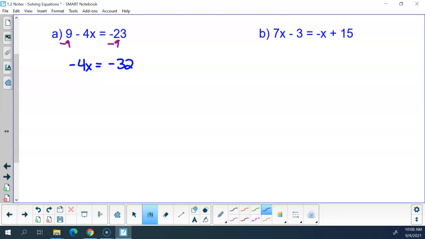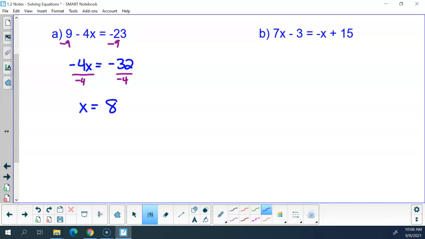Then, divide both sides by -4. That's going to give me x equals 8. Right?